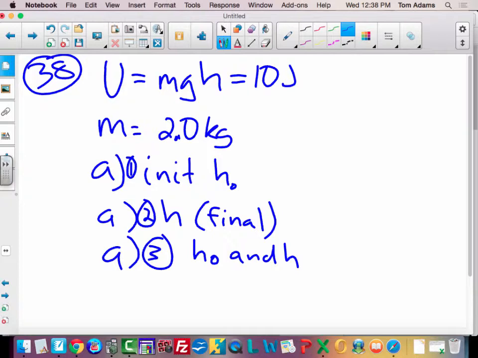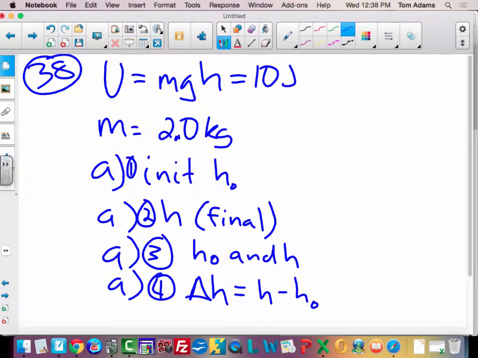Oh wait, there's a part 4, only the difference between the heights. So the other one is, can we find one or the other or both, or delta h, the difference between the two? Delta h would be the final height minus the initial height. Can we find those?